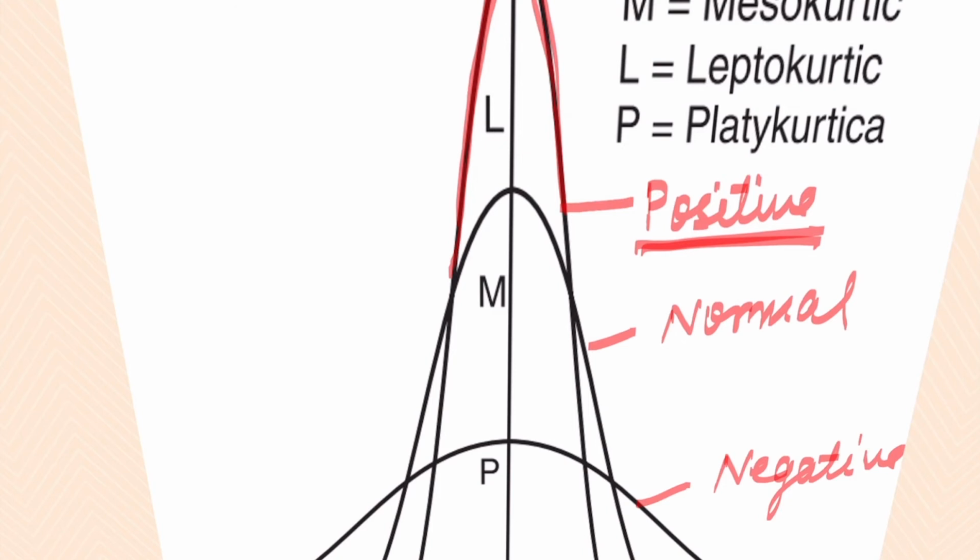And when the tails of the distribution are lighter, thinner, but the center of the distribution is thicker as compared to the normal, then we call it a negative kurtosis.